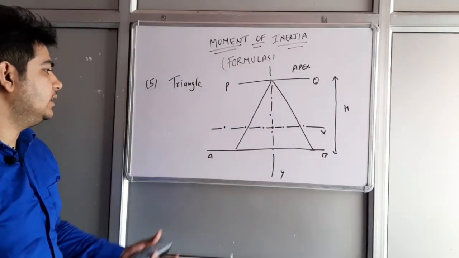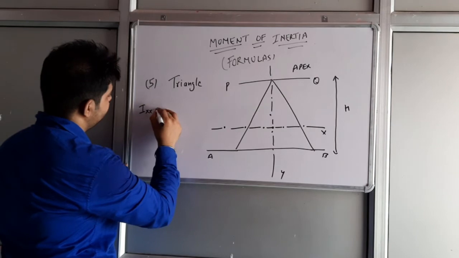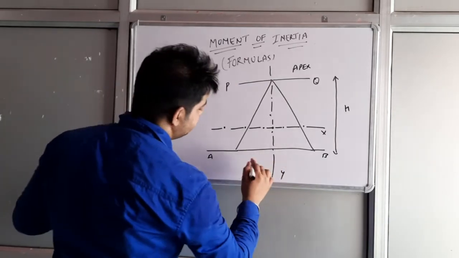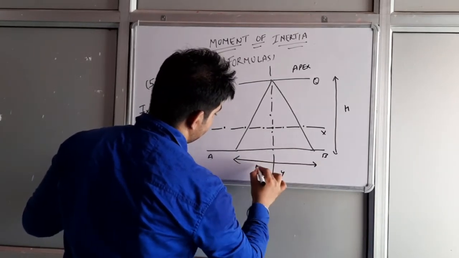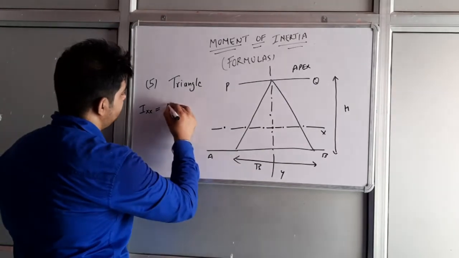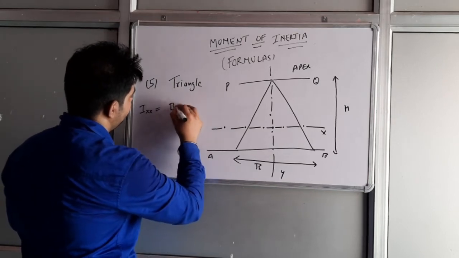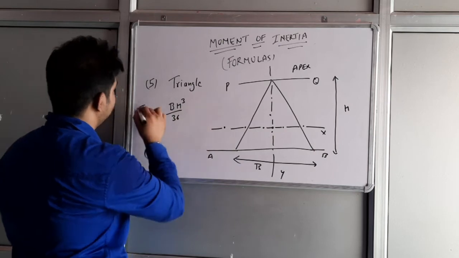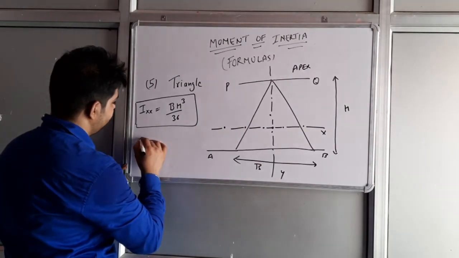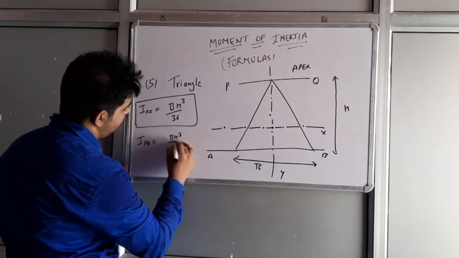So the moment of inertia for triangle about the centroid will be, now let us denote the base as capital B, B h cube upon 36. For the apex it will be b h cube upon 4.